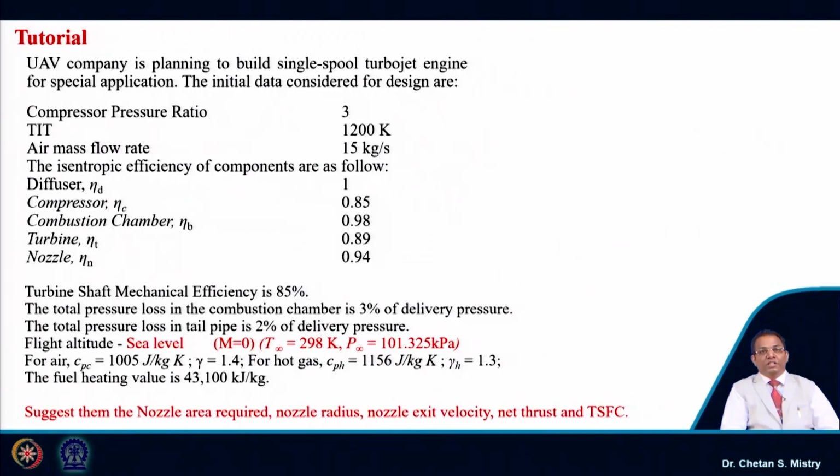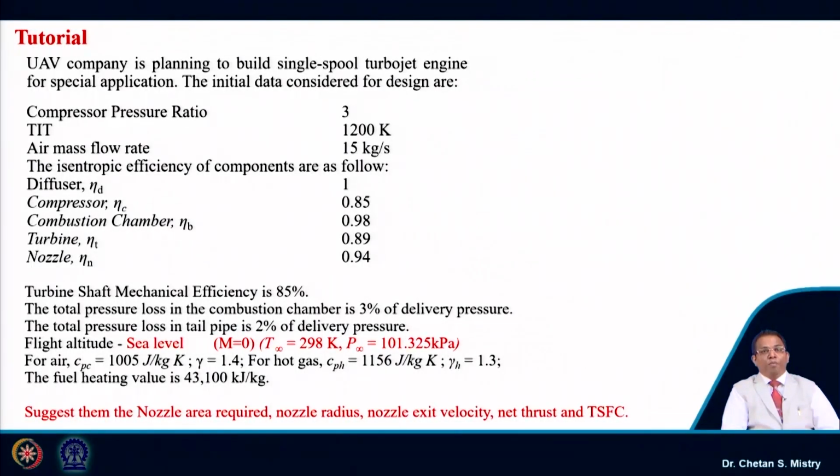The different efficiencies they have assumed are 100% for the diffuser, 85% for the compressor, 98% for the combustion chamber, 89% for the turbine, 94% for the nozzle, and the mechanical efficiency they have assumed is 85%.